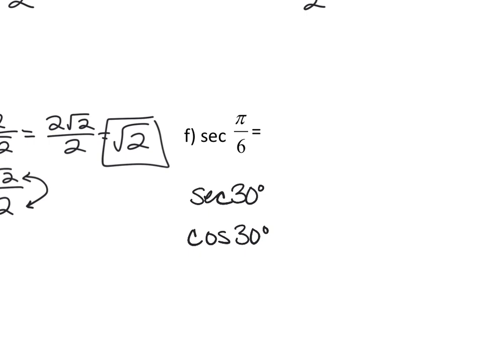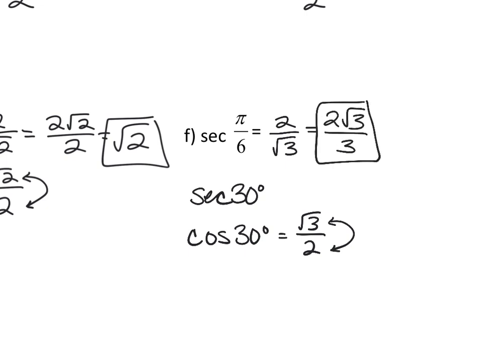How many fingers above? 3. So that cosine of 30 would be square root of 3 over 2. But we want to flip it for secant. So we use the reciprocal, but we don't leave our answers looking like that. We rationalize. And that time we didn't have to reduce anything because the 2 and 3 don't cancel.